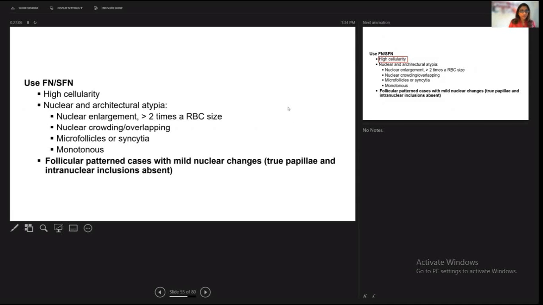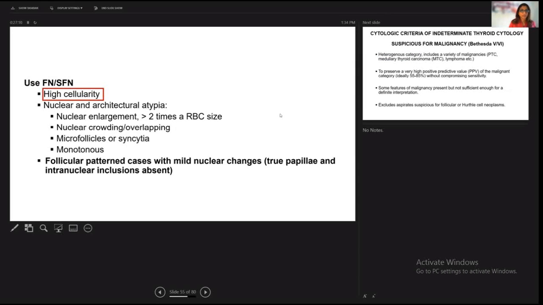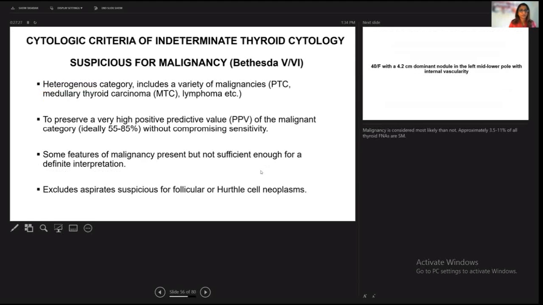So always remember, use the Bethesda 4 category when you have very high cellularity. I can't emphasize that more. Obviously, if you see the other nuclear architectural atypia, it definitely is an added bonus. Especially if you see follicular pattern cases with mild nuclear changes of PTC, that's a good category where you can use the follicular neoplasm category.